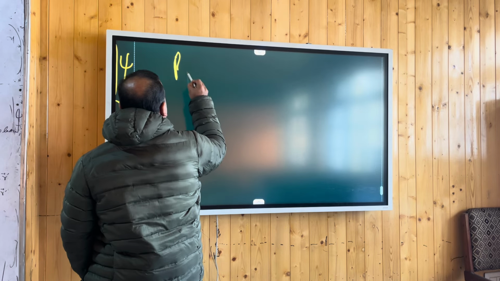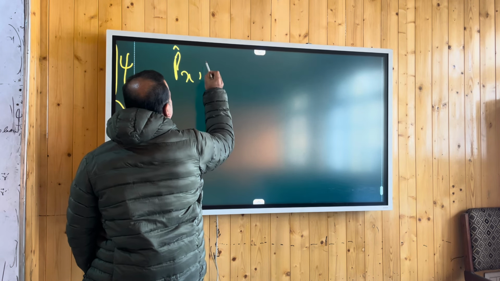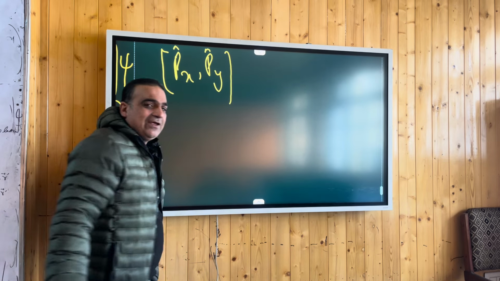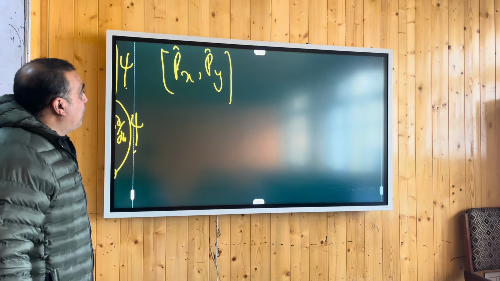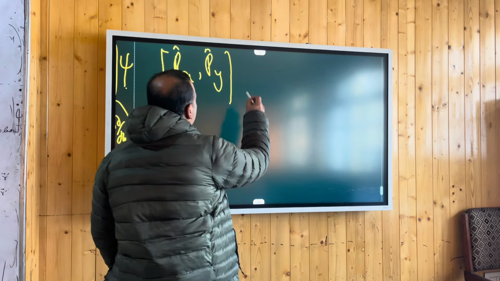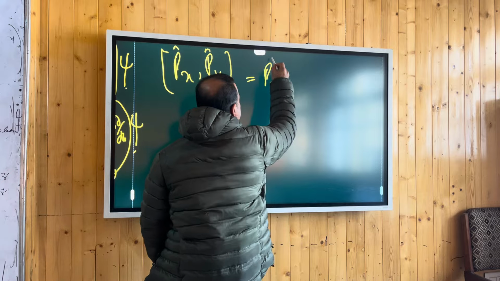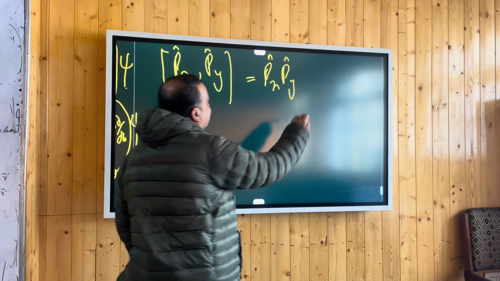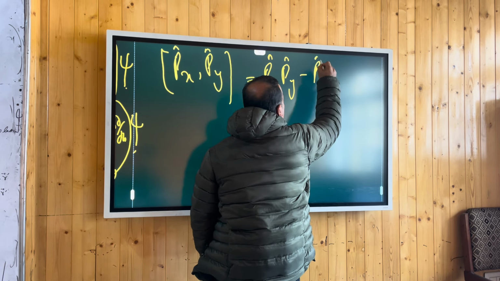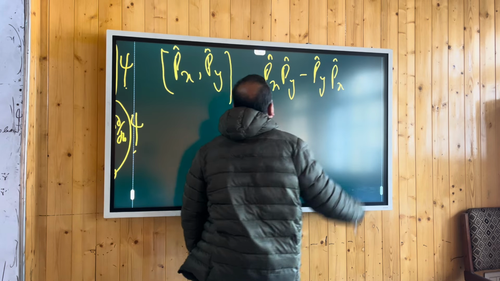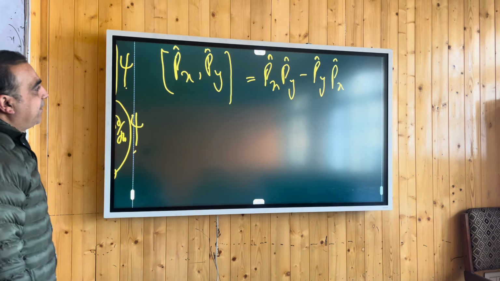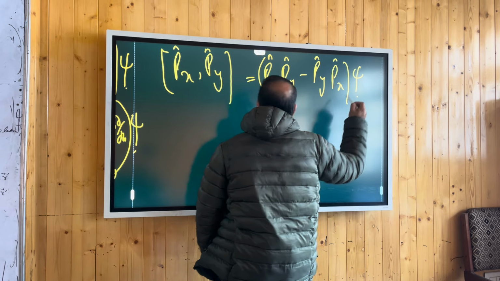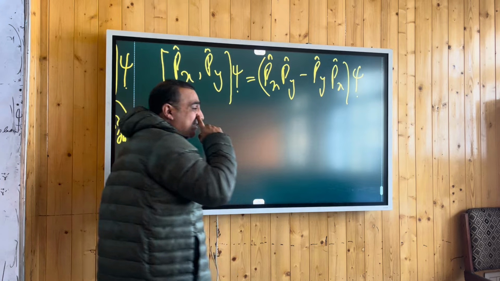Now let's go on with a different component. px cap, and then I will take py cap. Let's take this commutation and see whether they commute or not. We get px cap py cap minus py cap px cap. We can operate the right hand side with a state vector psi and a state vector psi in the left hand side.